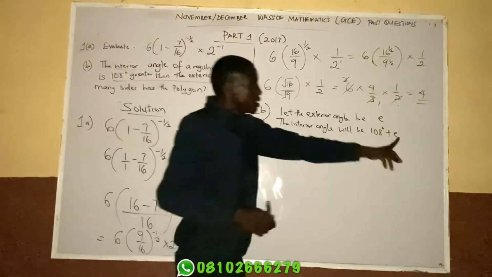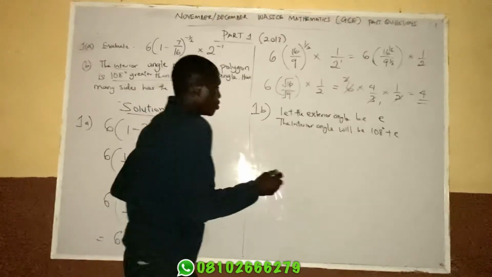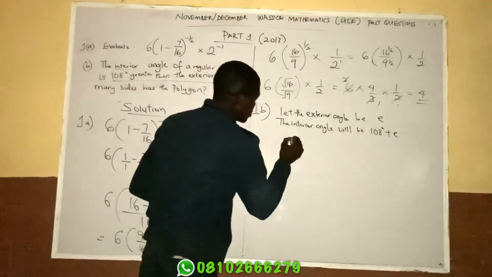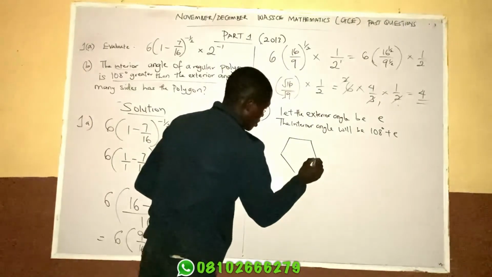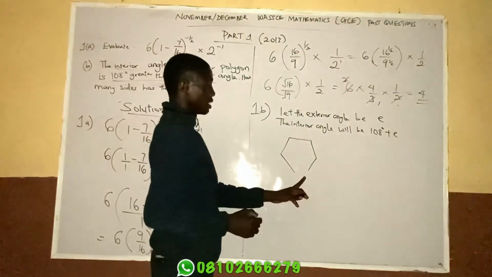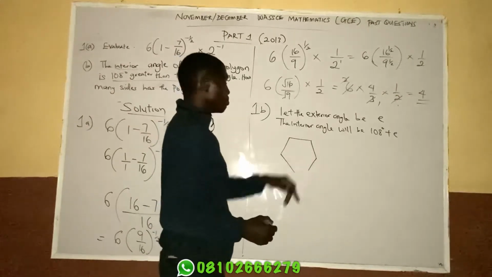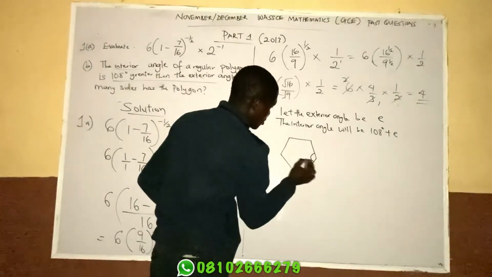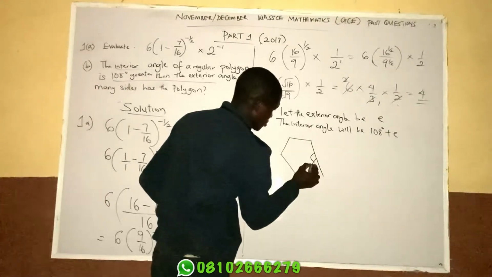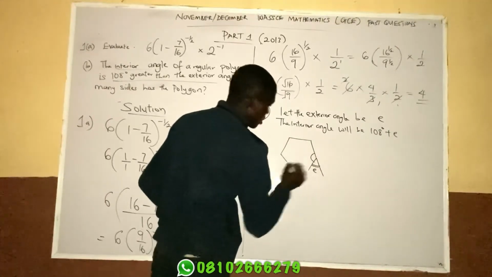On sketching the diagram, we don't know the number of sides of the polygon. We just assume, but we won't close it, that's why I draw it like this. Let's pick any angle here. This is the interior angle, this is the exterior angle. The exterior angle is E.